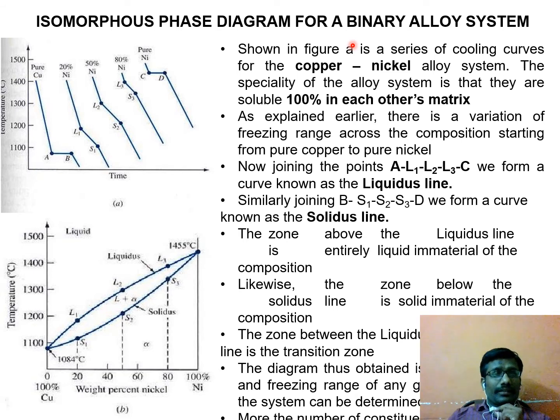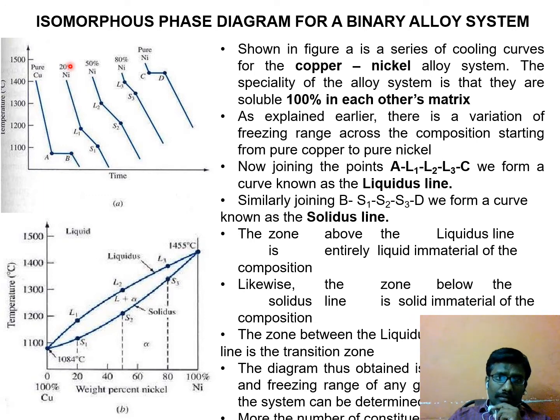isomorphous phase diagram. Before drawing any phase diagram, first you do the experiment, called a cooling curve, which we can draw with respect to temperature versus time. You take different compositions and do the experiment. Slowly you heat, and you identify the solidification starting point and ending point.